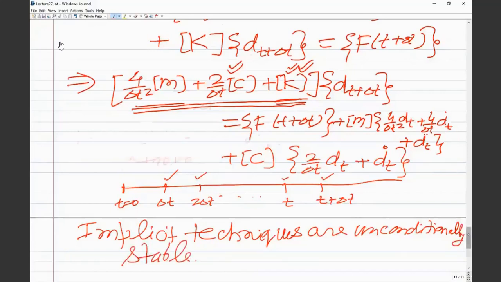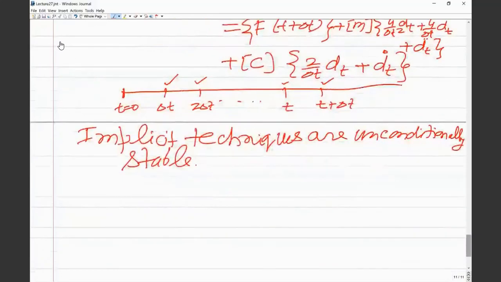For accuracy, you have to have a sufficiently small delta t, but that usually turns out to be much larger compared to delta t critical in explicit techniques. So the number of steps for going up to a certain time interval is actually less.